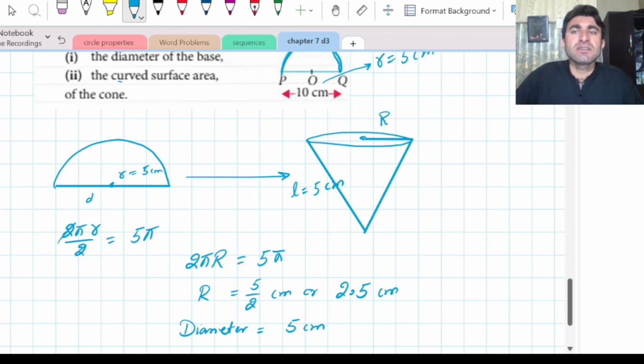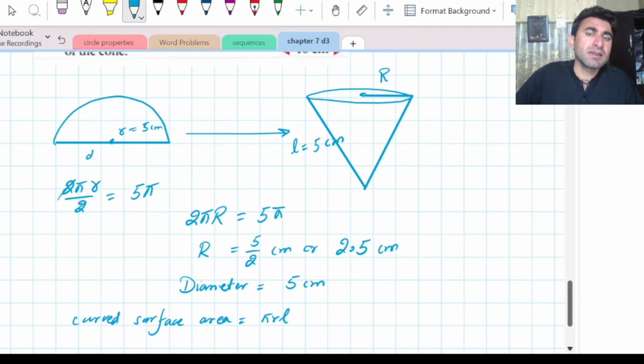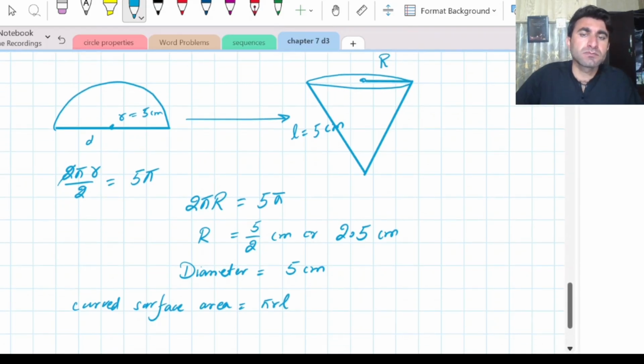Now we need the curved surface area of the cone, and we know the curved surface area of a cone equals pi r l. The radius of the cone is 2.5, remember.